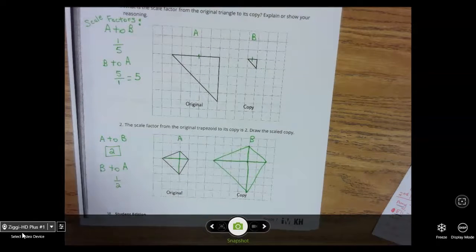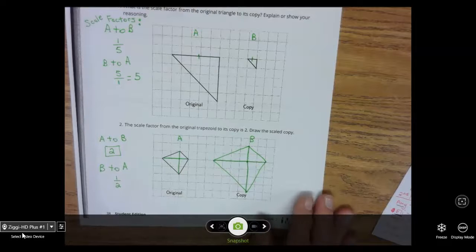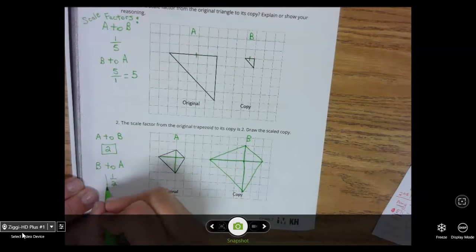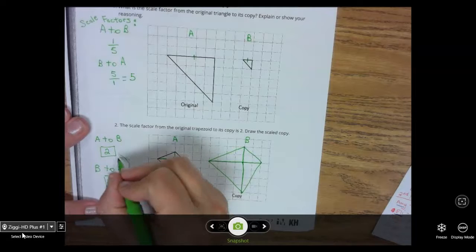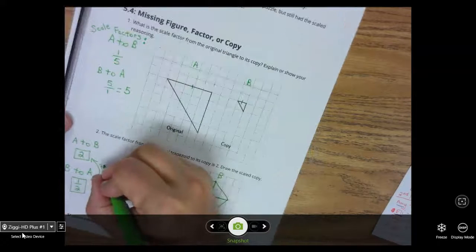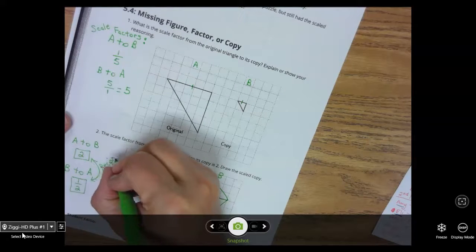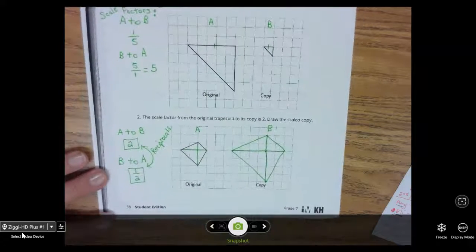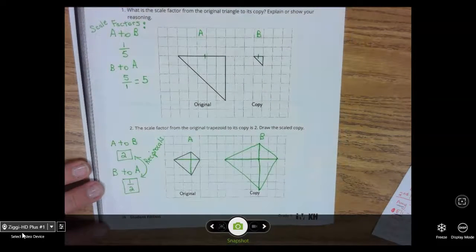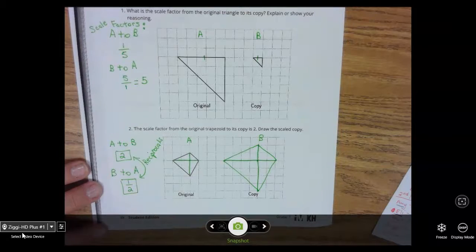Flip the fraction from 2 over 1 to 1 over 2. So I'm going to have you write reciprocals. We've talked about them in this unit. All of this is coming together now. Our scale factors, our reciprocals, ratios.